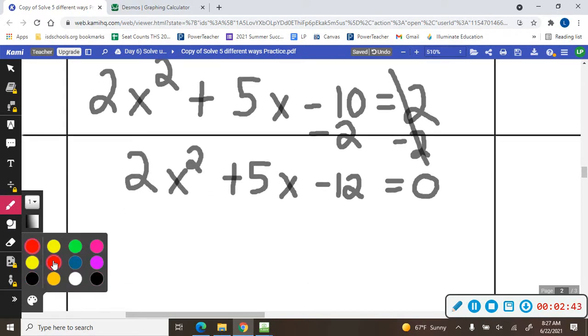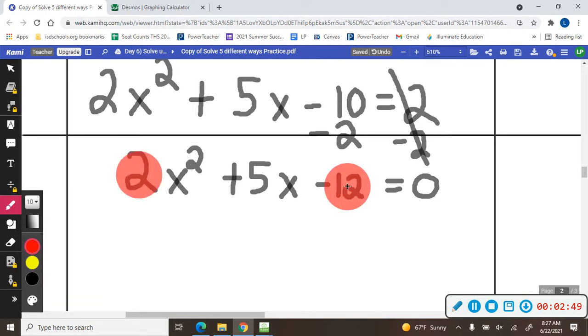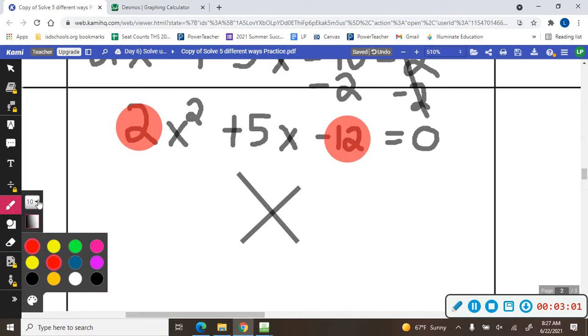From there, I take this number times this number, and I put that on top of the factor x. And 2 times negative 12, that's negative 24.